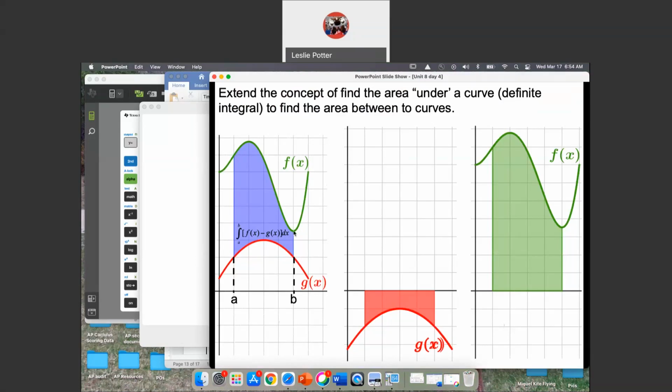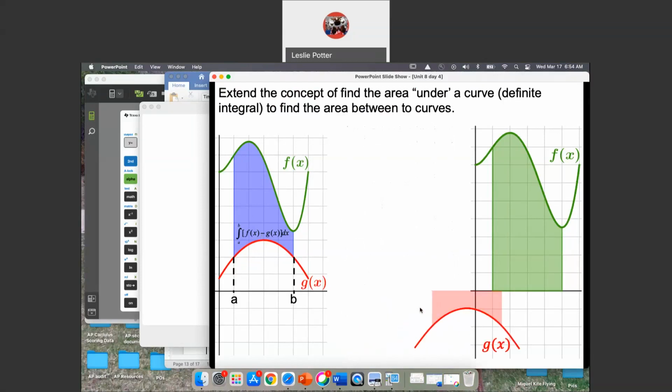But I don't have to change this formula, so to speak, this adaptation, because this region would come up as a negative region when we integrate it anyway. So minus a negative is a positive. And so it's like physically adding green plus red to get blue. So this adaptation still works, because even if this function is negative, subtracting the negative is like adding. And so I'm adding those two regions together by using this notation.